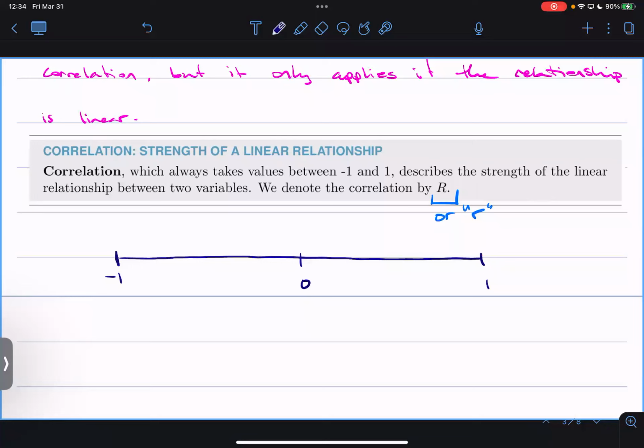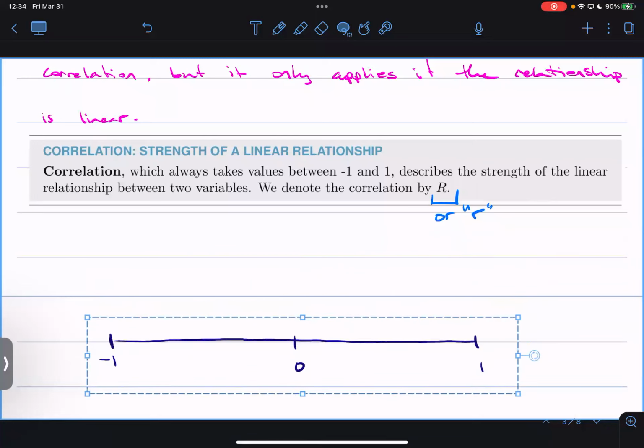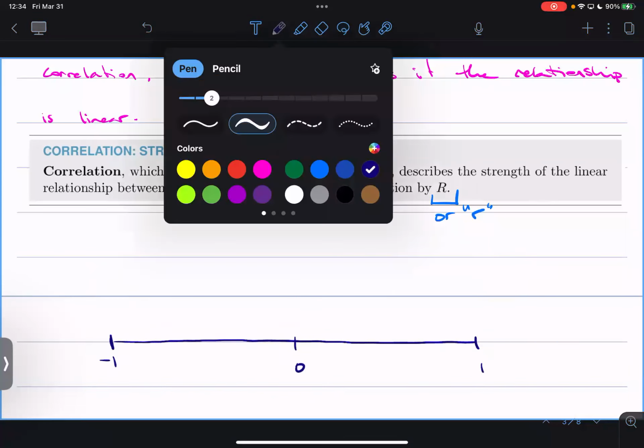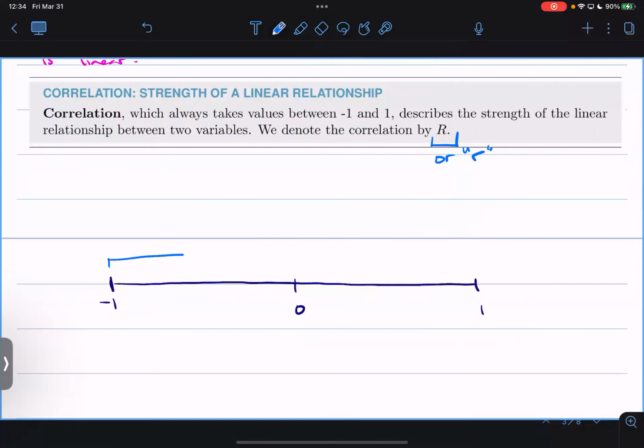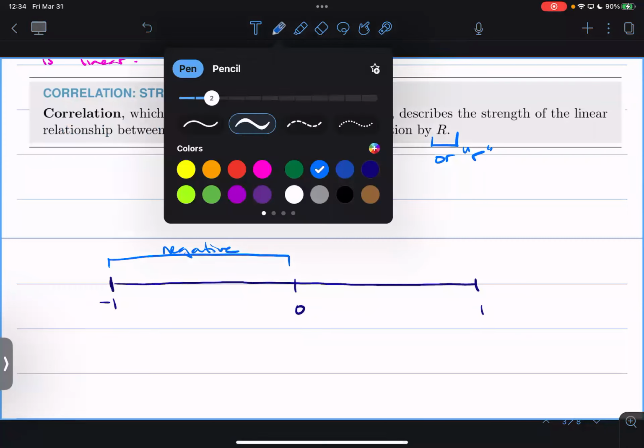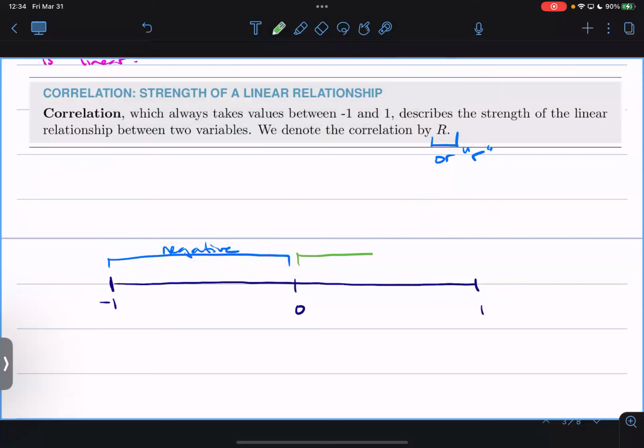And maybe I'll bump this so it's on the same page here. First, here, we have a negative relationship versus, of course, a positive relationship. If the correlation is positive, you have a positive relationship.